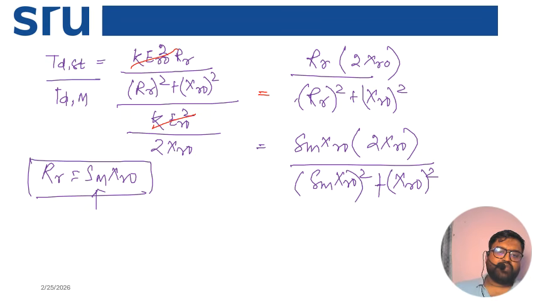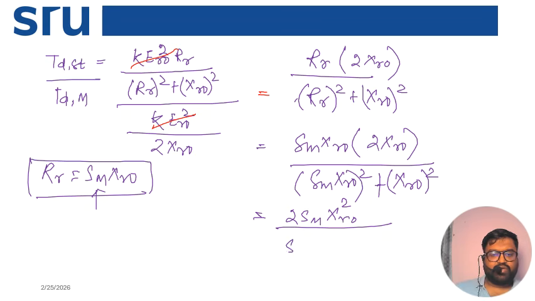If you multiply, the equation will become 2 into SM XR0 whole square divided by SM square plus 1 into XR0 square.